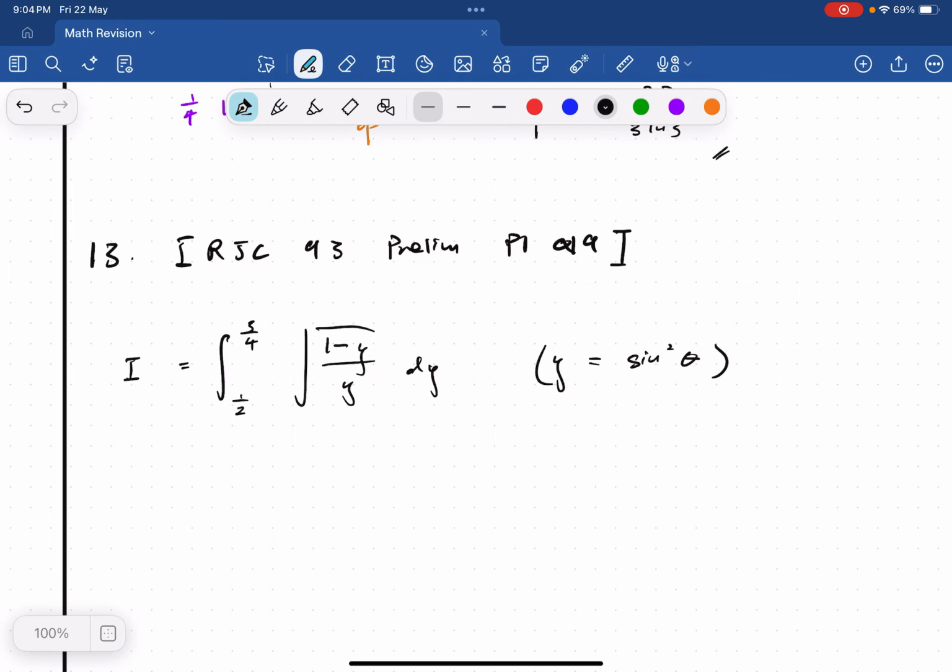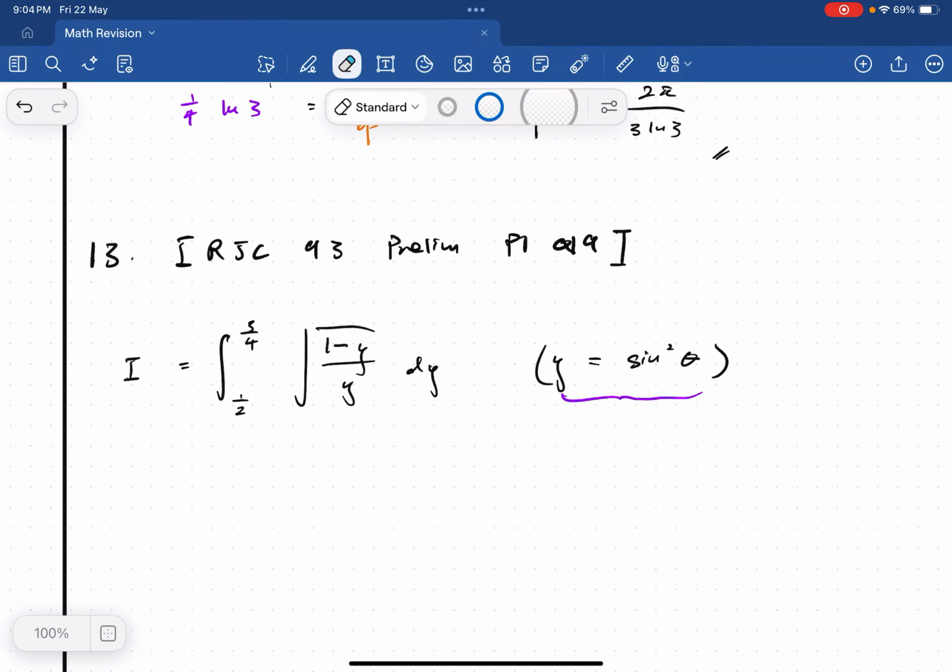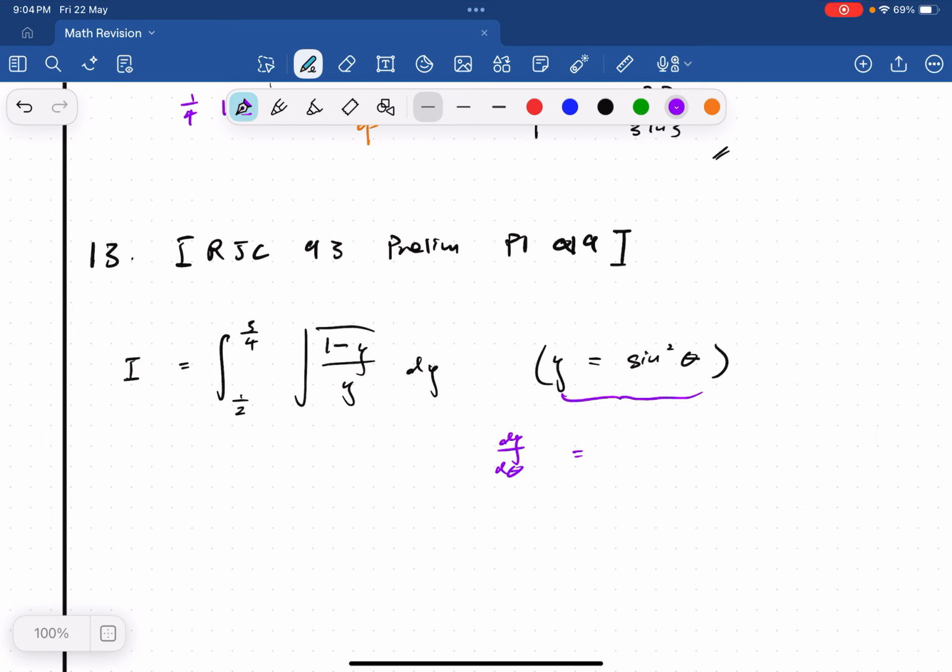So remember, integration by substitution, first step to do is to differentiate this substitution. So I can get 1 mark in the integration question from performing differentiation. So if y equals to sine squared theta, I want to find dy d theta. Now, I can treat this as power rule and chain rule, right? So if I bring the power down, I will get 2 sine theta.